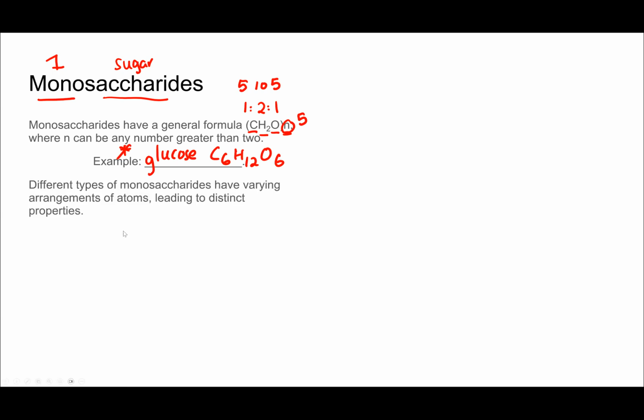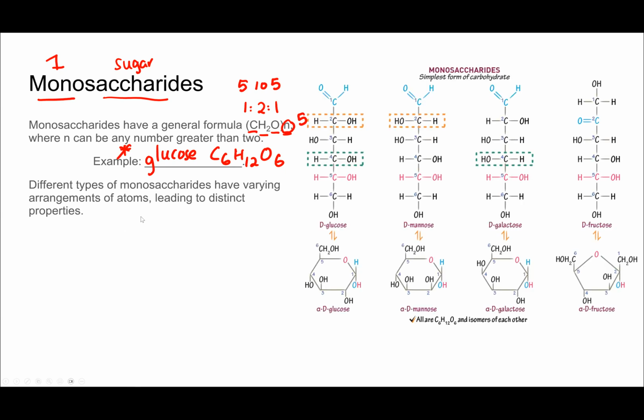Different types of monosaccharides can have different ways of arranging their atoms, leading to distinct properties. So in the example right here, we have 4 different types of monosaccharides. If you check, they all have 6 carbons, right? Alpha D glucose has 6 carbons, alpha D mannose also has 6 carbons, D galactose has 6 carbons, and D fructose has 6 carbons.